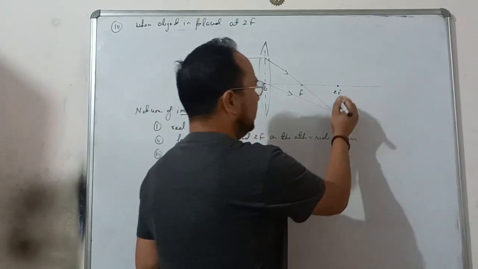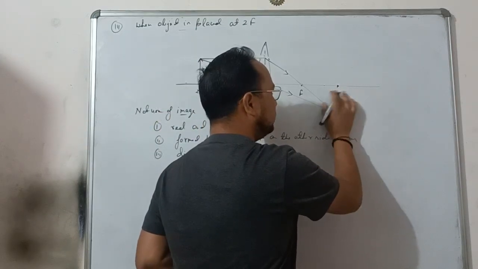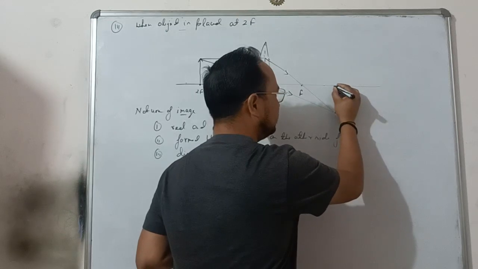Now exactly the image is formed. Here two rays are meeting each other, or we can say they are intersecting each other.